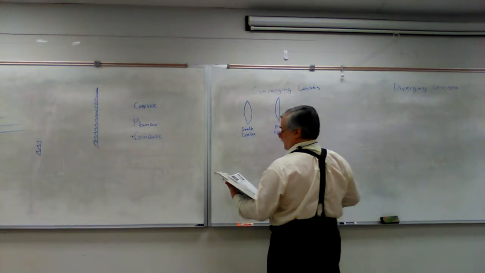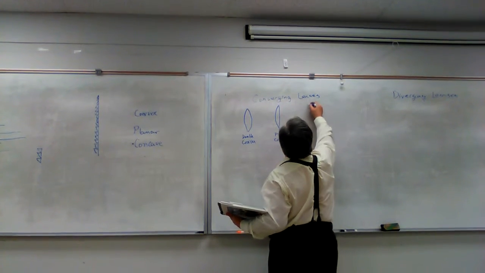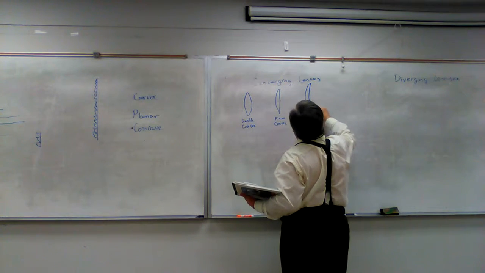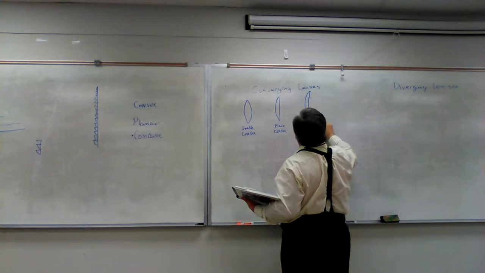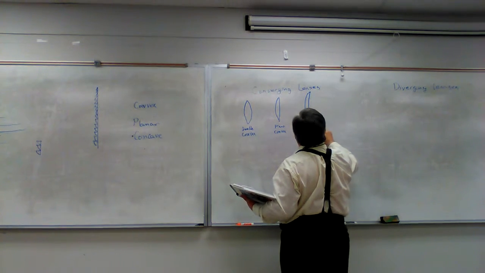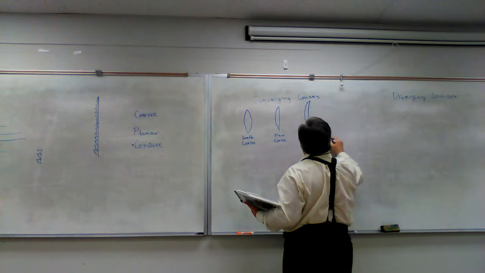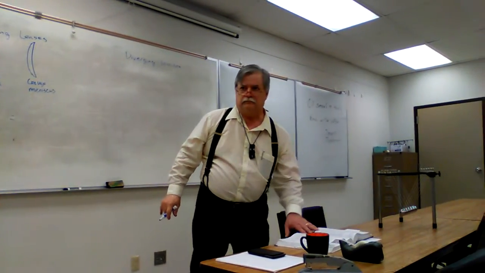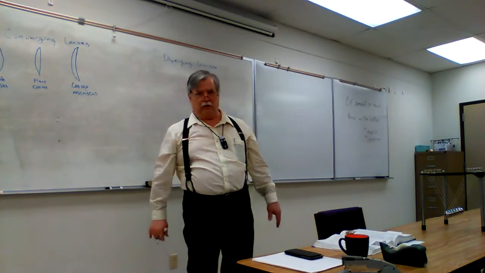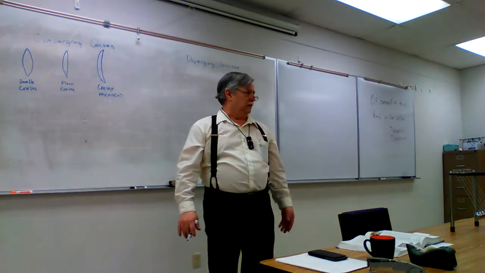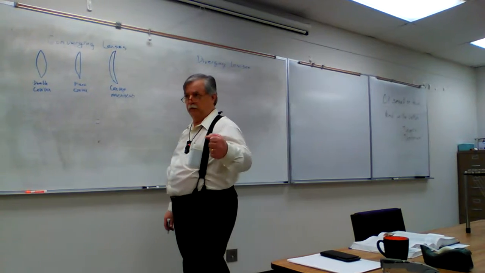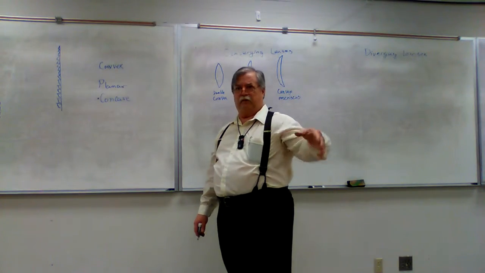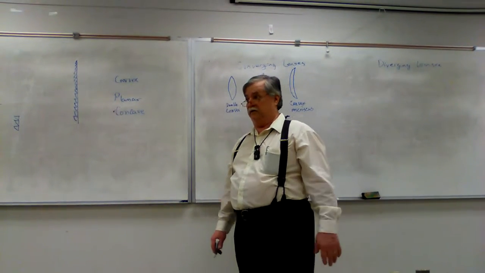And then it can be convex meniscus, where one side is convex and the other side is concave. How many of you have heard the word meniscus before? Can you tell us what a meniscus is? Have you ever learned how to measure liquids in a beaker? It has to do with the deformation of a surface at an interface.